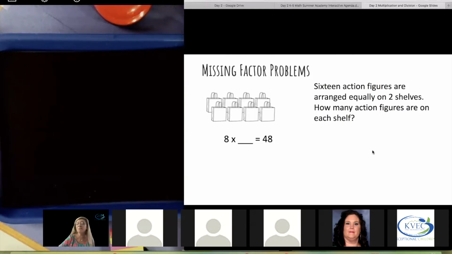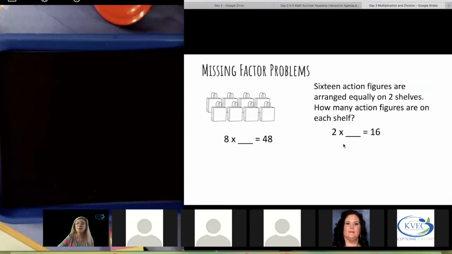Do we know the end result, how many there are altogether? Yes. So what do we have to do again? We're going to have to do that fair share again. So I can see where the kids could make 2 groups, and then they could fair share until they get to 16. They could take 16 objects and fair share into 2 groups. And if they need to work it out and figure it out that way.